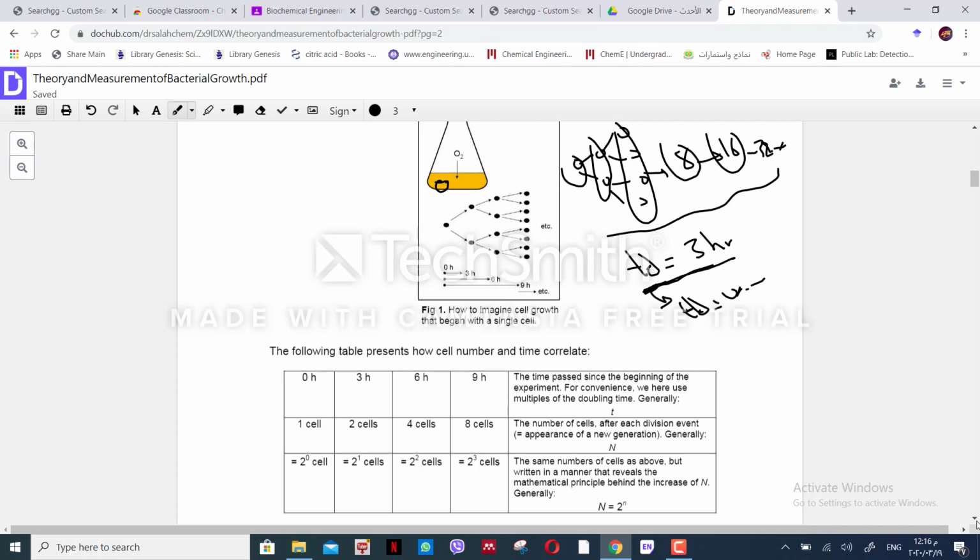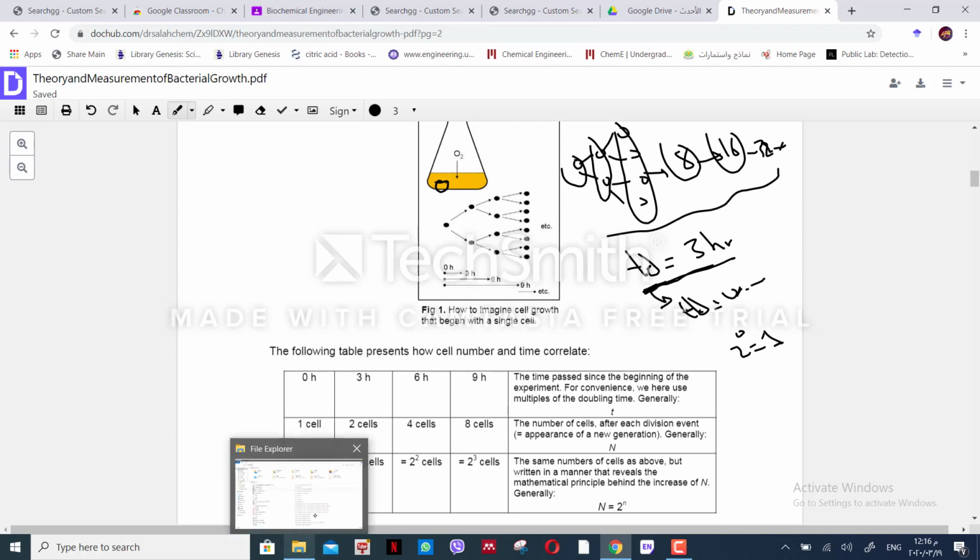So in this table we see that at time 0 we have one cell, and we want to correlate this to 2 power 0 cells. I'll tell you why I use 2 power 0: in order to include the logarithm, to find a mathematical equation to represent this.